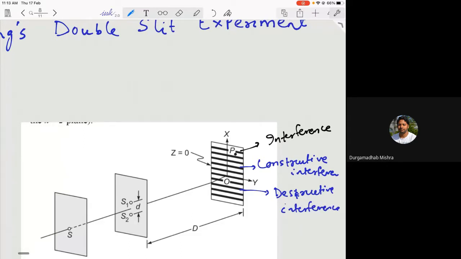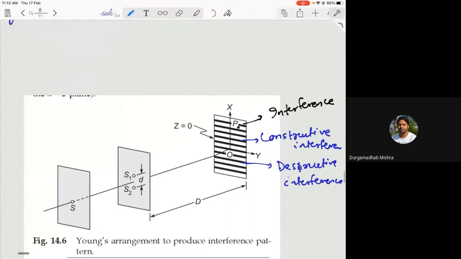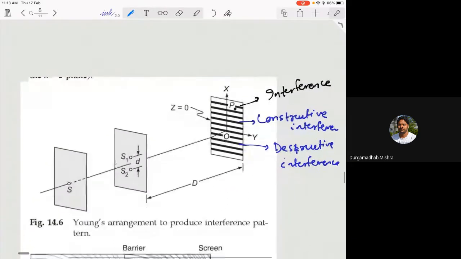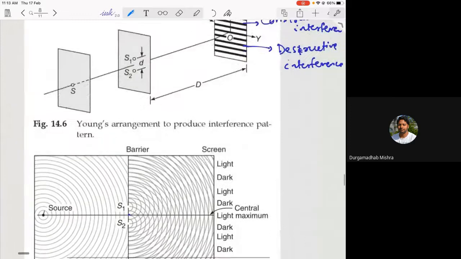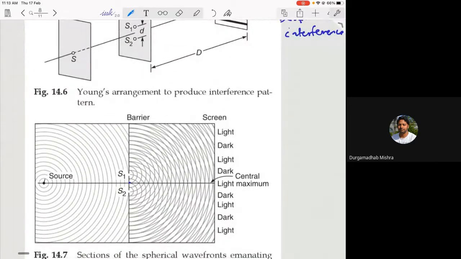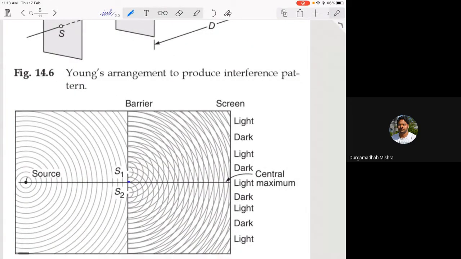So what constructive and destructive interference means, if you look at the wave picture, so you can say that you have a source here which is giving rise to spherical waves, and then these wave fronts, when they move, normally you assume the source is far away from your slits S1 and S2, and you probably would have a plane wave front, but it doesn't matter whether the wave front is plane or spherical.